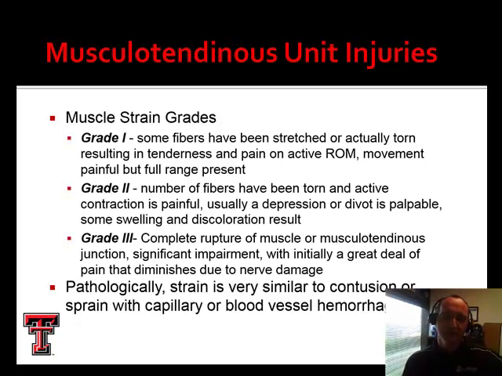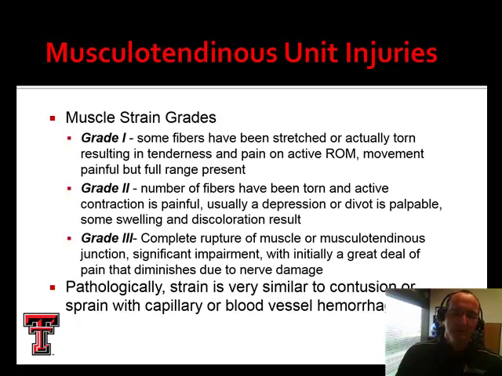In the case of muscular injuries, a grade 1 involves some minor stretching, there may be some microscopic tearing, but we've got tenderness at the site, we've got pain on active contraction or range of motion. Movement hurts a little bit, but we can still get through the full range. Usually we can't palpate a divot or an actual macroscopic deformity here, but they are painful to the touch.